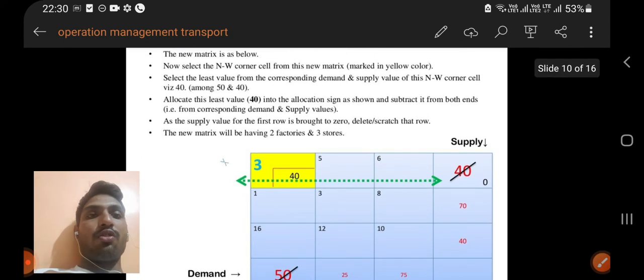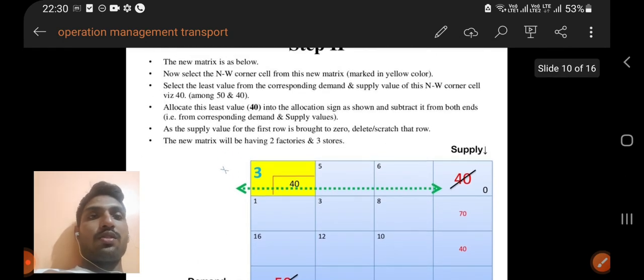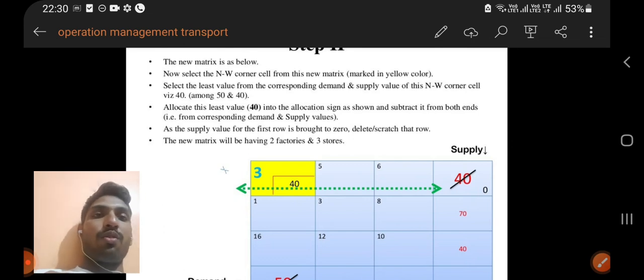Now we select the northwest cell from this new matrix, marked in yellow. Between 40 and 50, we select the lesser amount, which is 40.